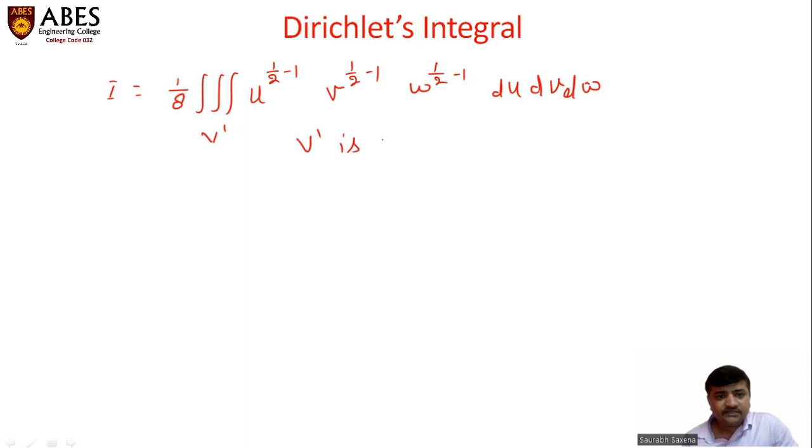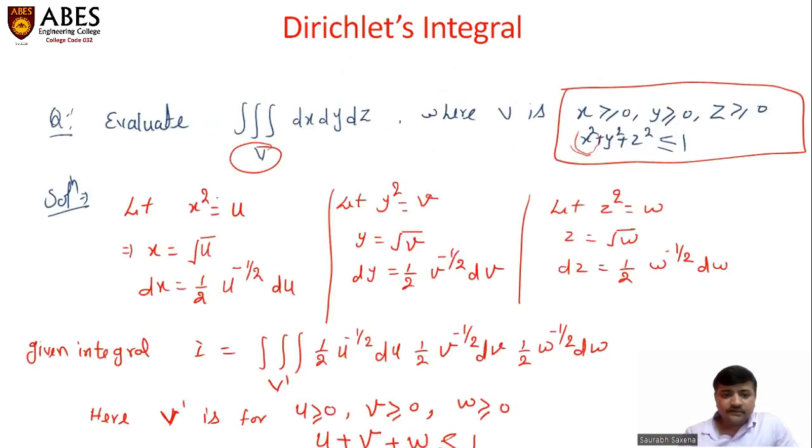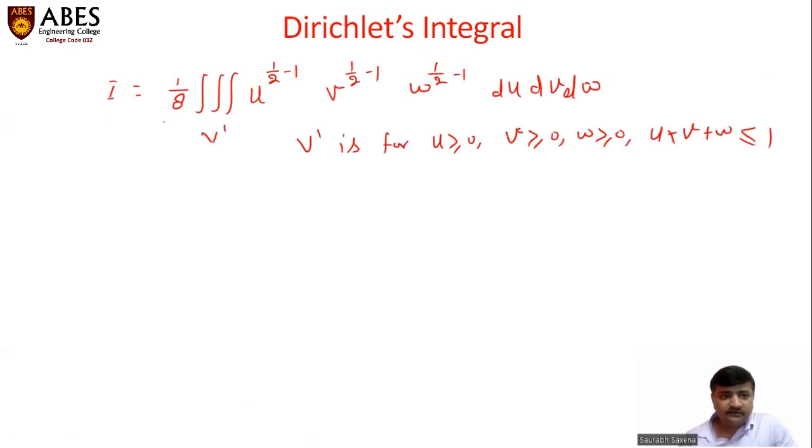And V dash is for u positive, v positive, w positive, and u plus v plus w is less than or equal to 1. Now see, 1 by 2, 1 by 2, 1 by 2 becomes 1 by 8 here.